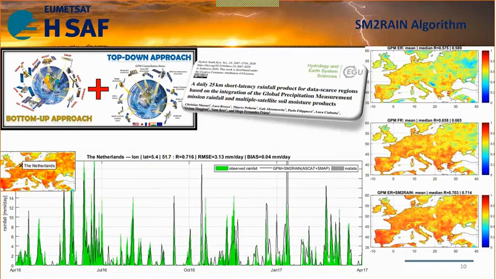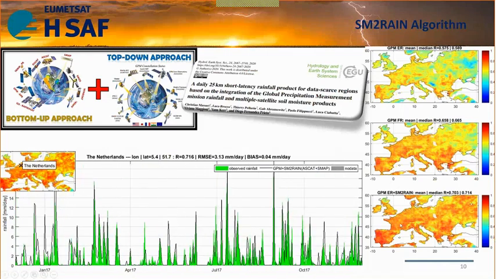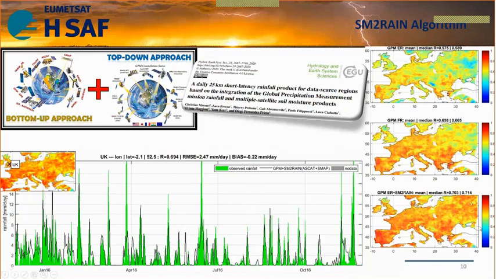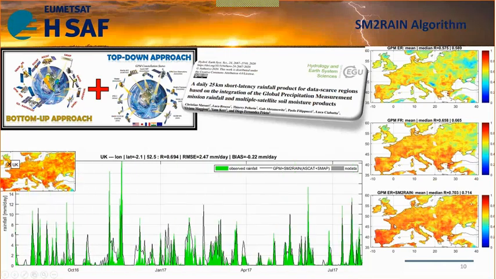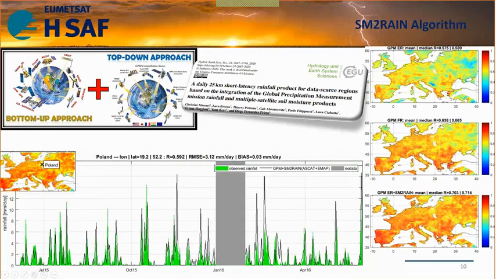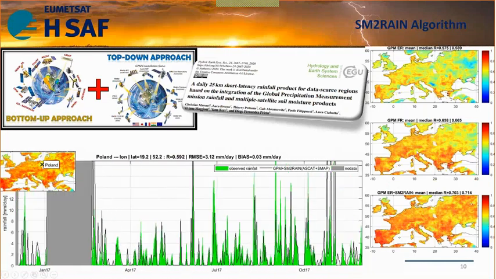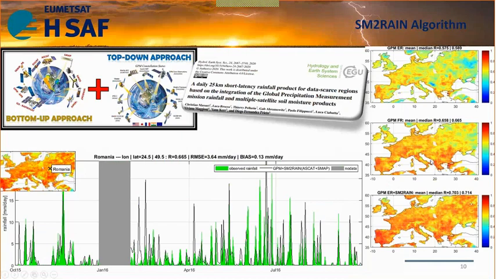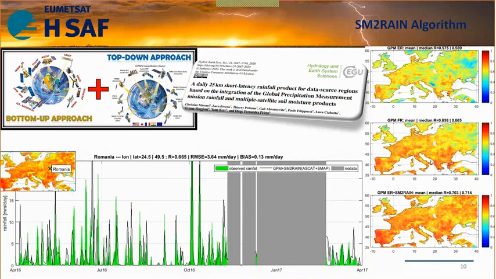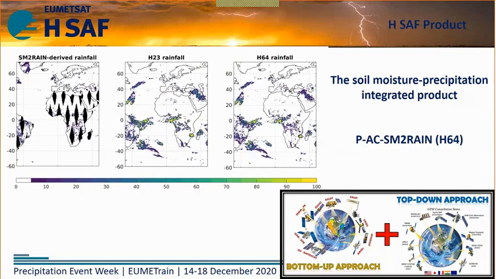And here you can see from the correlation maps on the right how the integrated product provides very good results, even better than the GPM Final Run product, that is the gauge-corrected product. So in this way, we started to develop a new product within H SAF that is identified by H64.